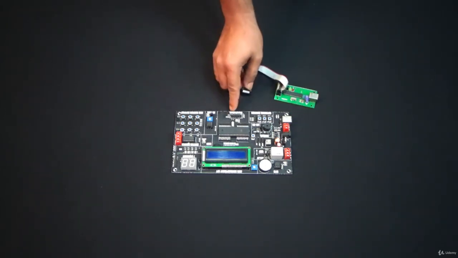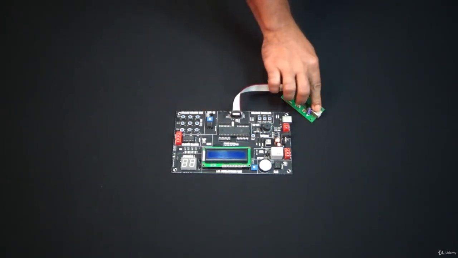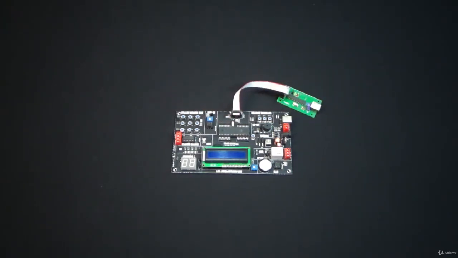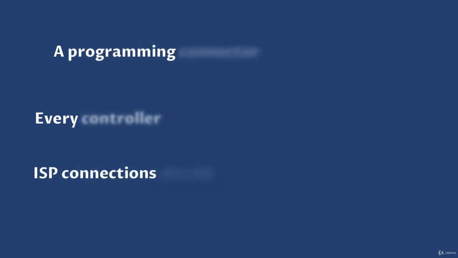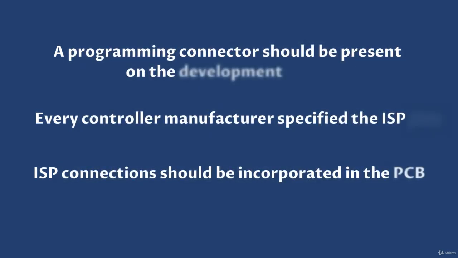If I have a development board where there is a specific connector, then we can put the in-system programmer on the connector and we can program the IC directly, and we can test the program on the development board. So no need to take off the IC and put it back on the development board. That process is completely removed by in-system programming.